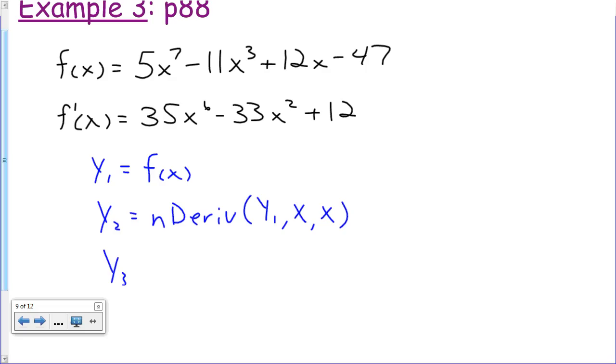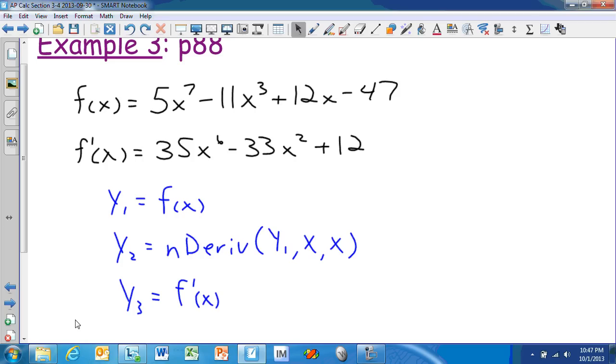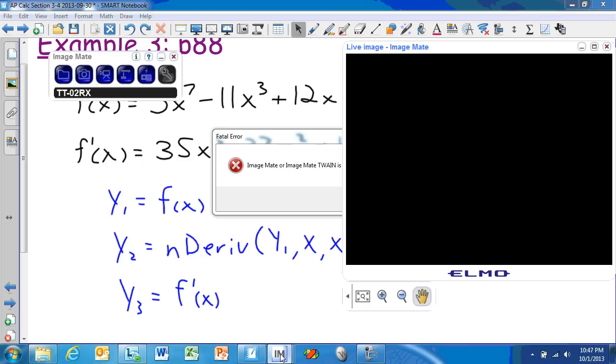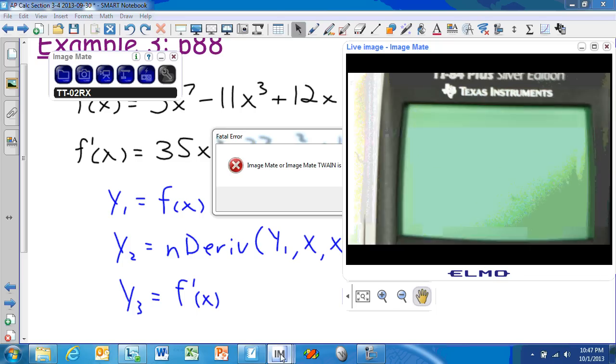And then in y3, I'll put in the algebraic derivative I just came up with, which was f prime of x. So that's what I'm going to punch into my calculator, and we're going to see if y2 and y3 end up being the exact same curve. And according to the work that we've done, it should end up being the exact same curve. Okay?